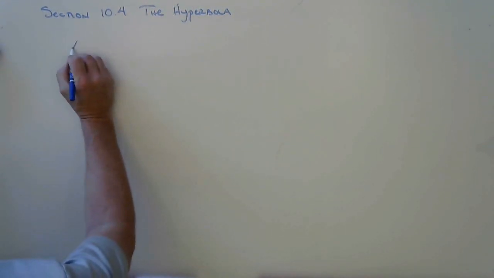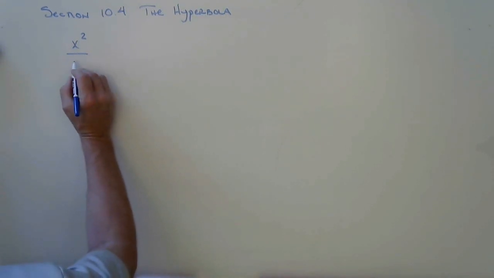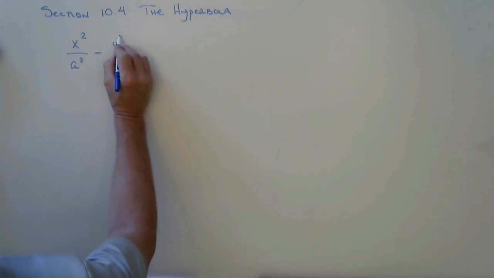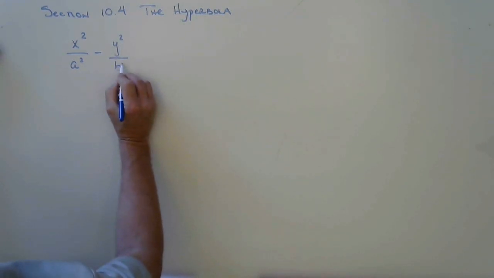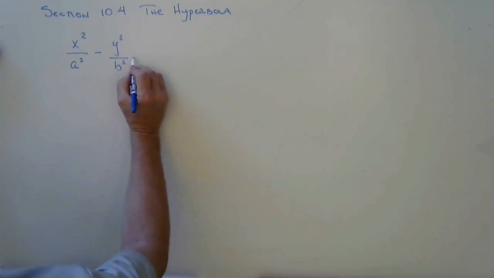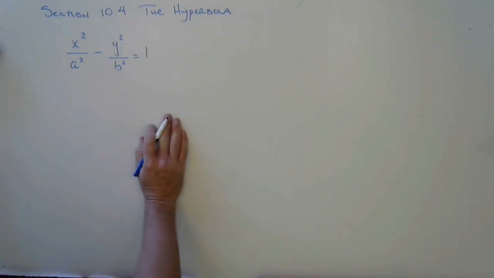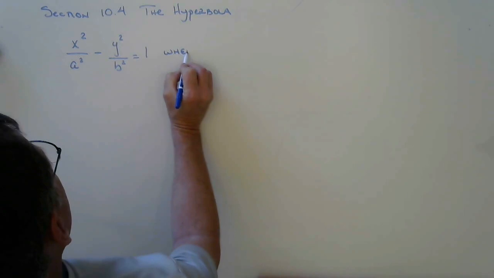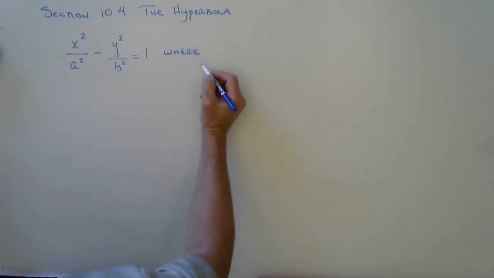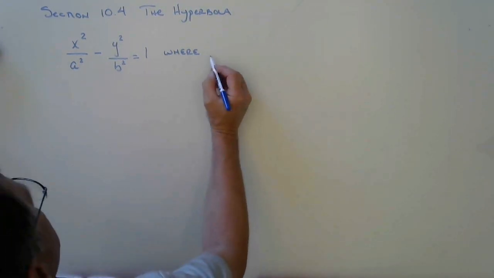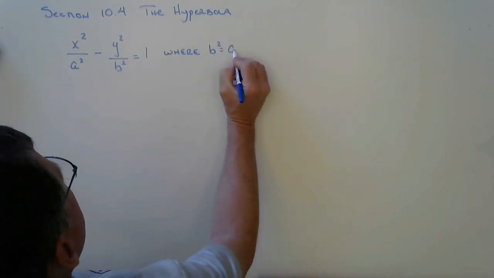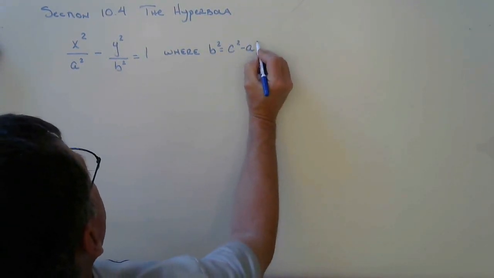We're going to start with x squared divided by a squared minus y squared divided by b squared equals 1, where b squared is equal to c squared minus a squared.